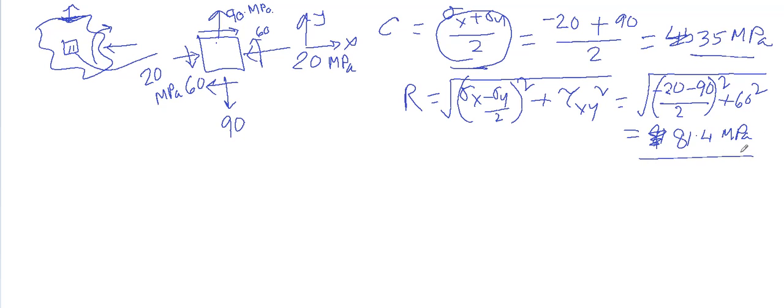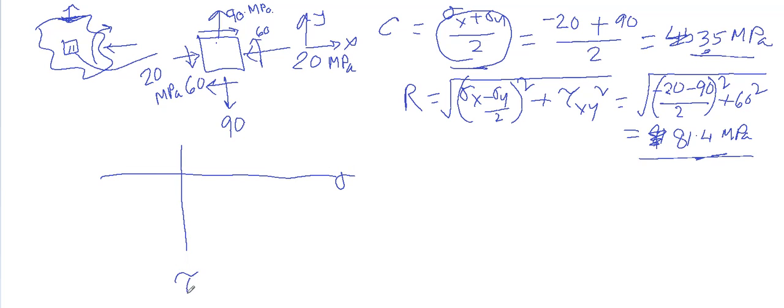So 81.4 is my radius. So I got my center, I got my radius. Now I can draw the Mohr circle. How to draw? So first we have to assume axes. The horizontal axis we assume axial stress or normal stress.